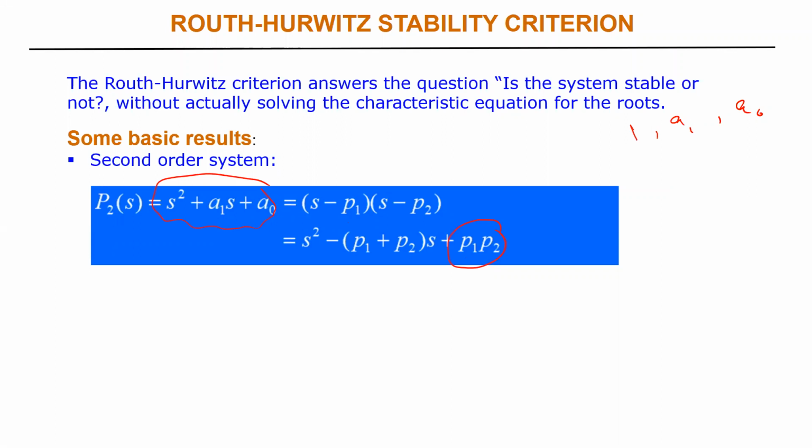So basically, the observation is that for this polynomial, or for the system, not to have roots in the right half plane, all the coefficients here must have the same sign, either positive or negative.